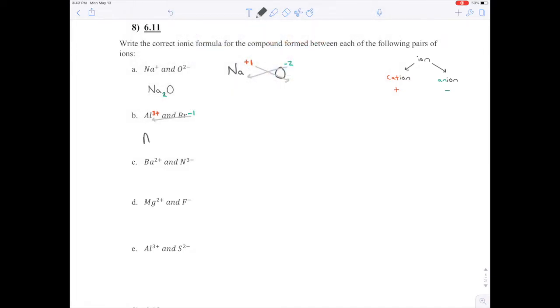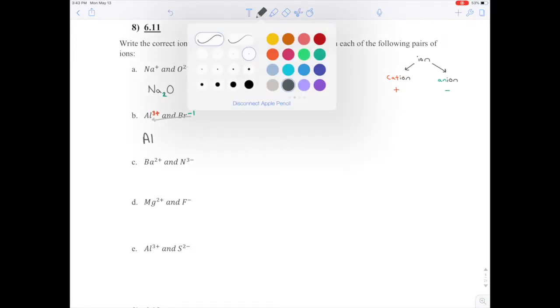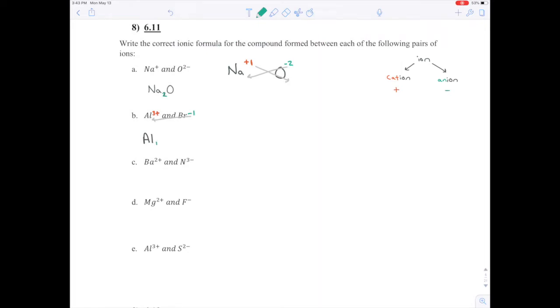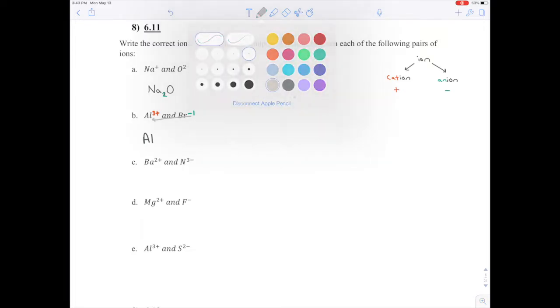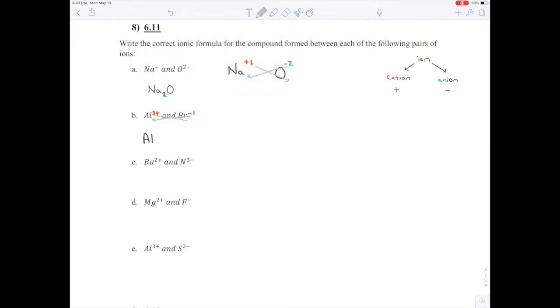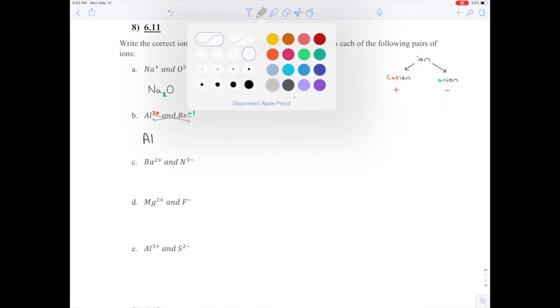So we'll have Al with really a 1 there. Notice how I don't include the negative sign. But also, when you just have one, you don't have to write the number, because by writing Al, I know I have one of them. Okay? And then the 3 at the top of aluminum will go at the bottom of bromine.